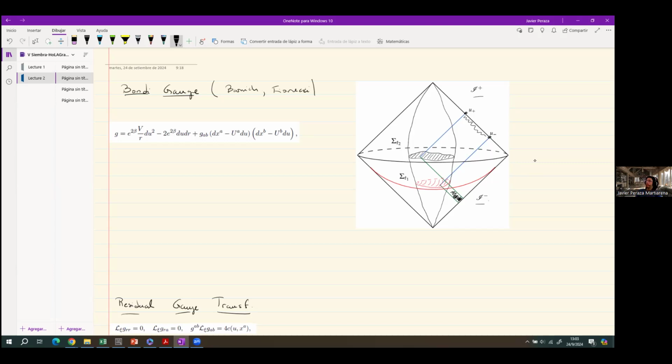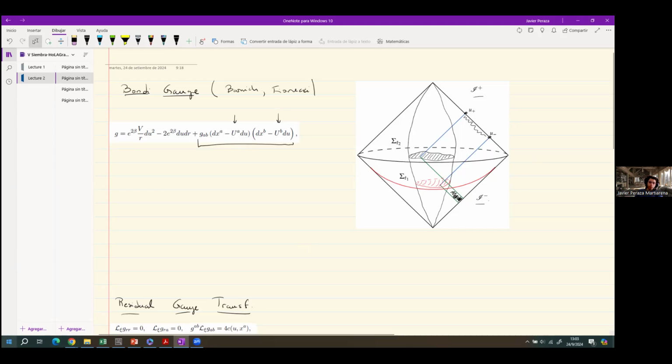And then we have all these terms that contain the rotation functions. This is the main thing to keep in mind when studying Bondi gauge: we have the du squared, du dr, and then the mixed terms that convey all the angular momentum information.